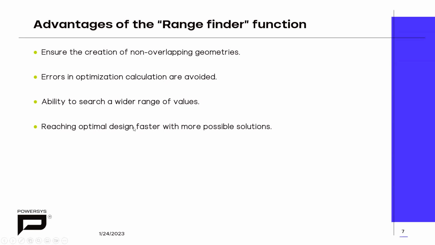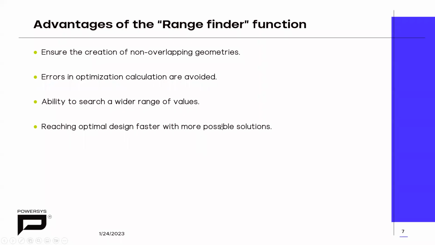And then, of course, you reach the optimal design faster, but not only faster, I mean, your efficiency will be much better with this Rangefinder because the range will be very adequate, and the Pareto front will be very optimized using this tool.